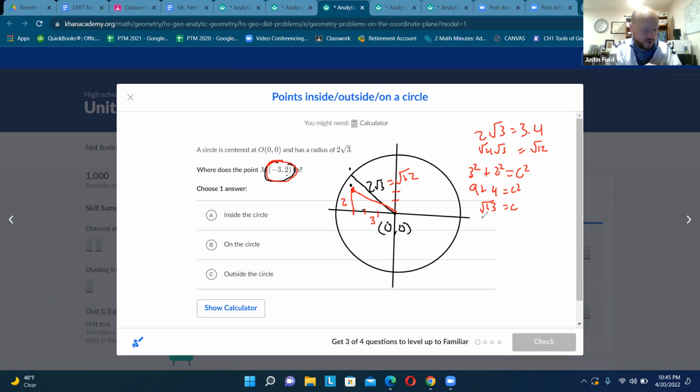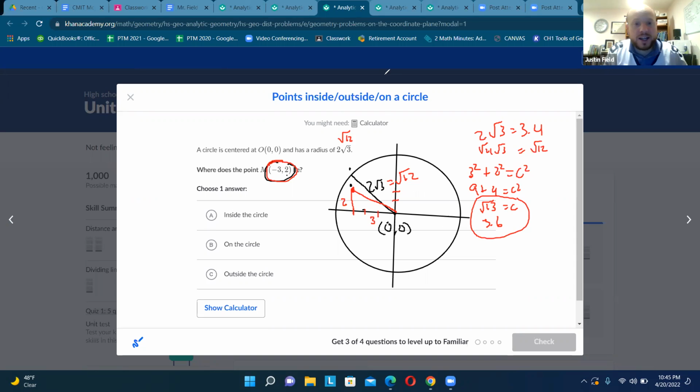And then the square root of 13 is 3.6. And so it appears that the square root of 13 is bigger than the square root of 12, or 2 times the square root of 3 is smaller than the square root of 13.